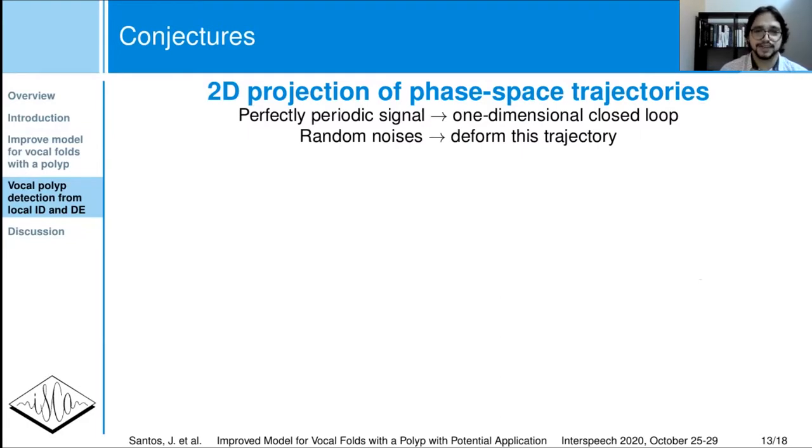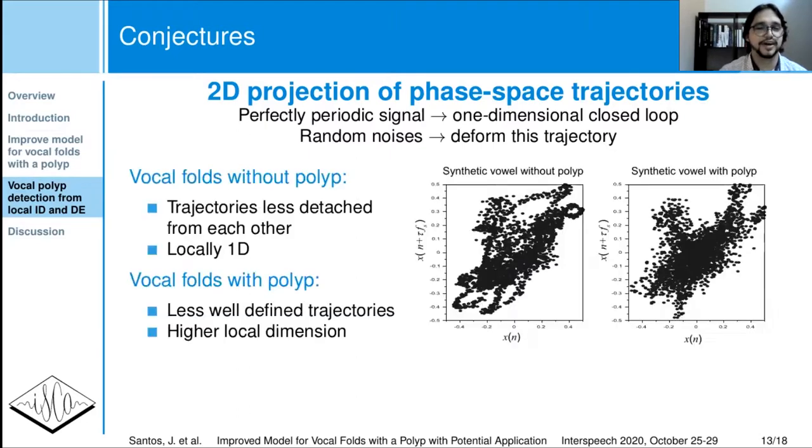To verify it and continue the conjectures, we made some 2D projections of phase space trajectories. We know that in the phase space, perfectly periodic signals appear as a one-dimensional closed loop, while random noise tends to deform this trajectory. So we got this with the samples we analyzed. And we could see that for synthetic vowels without polyp, the trajectories seem less detached from each other and to be locally 1D.